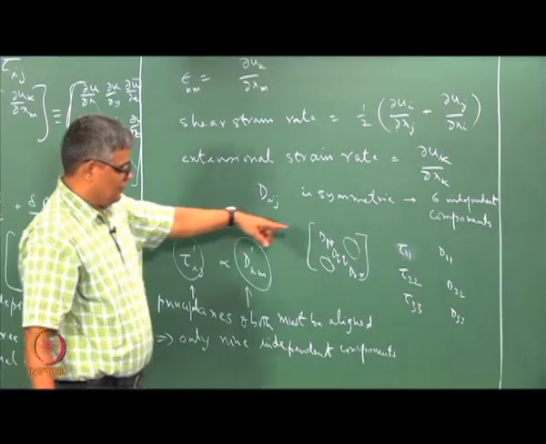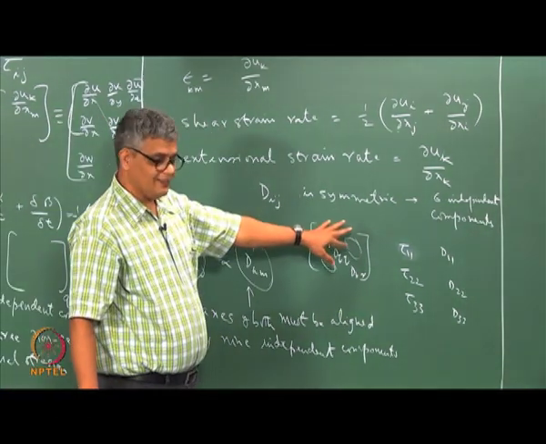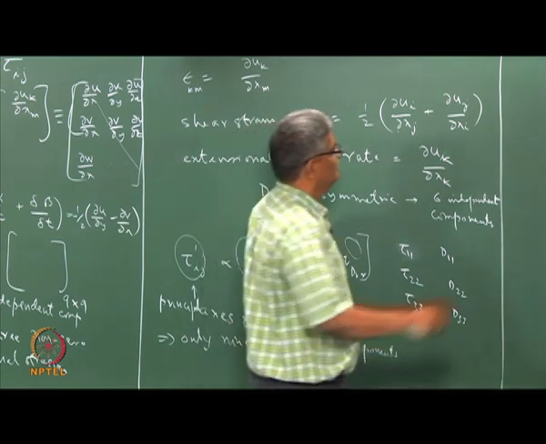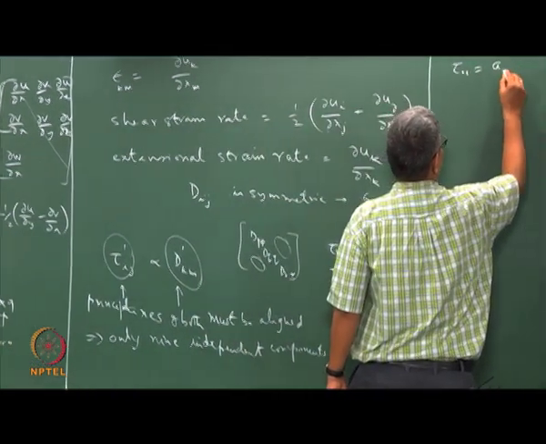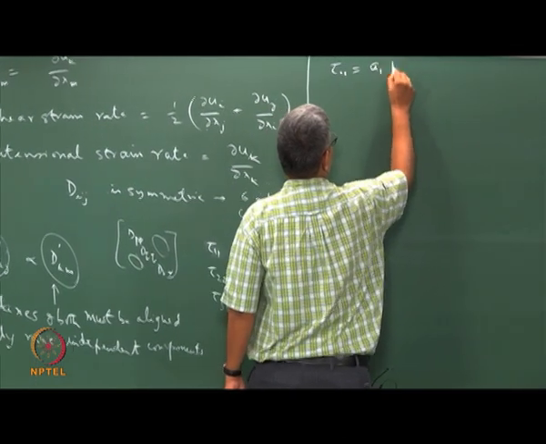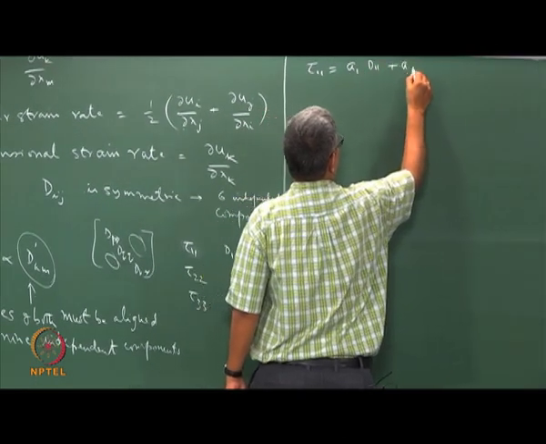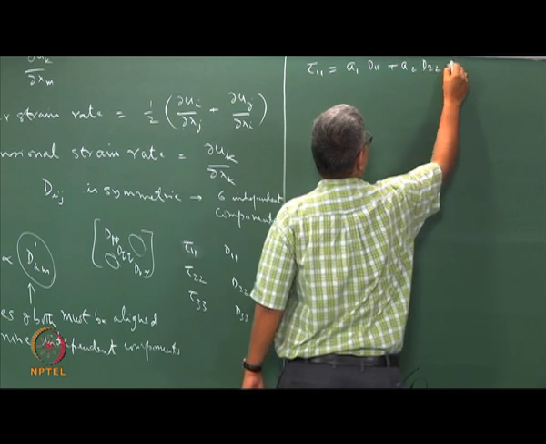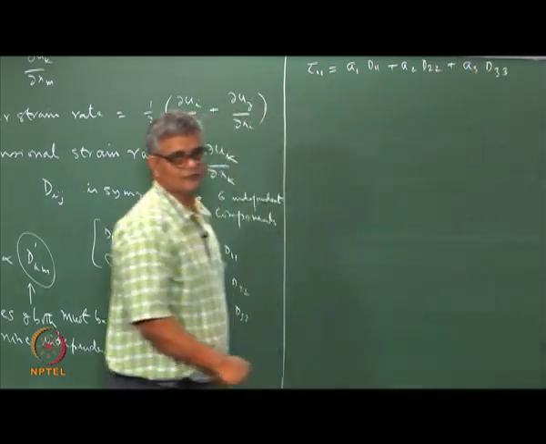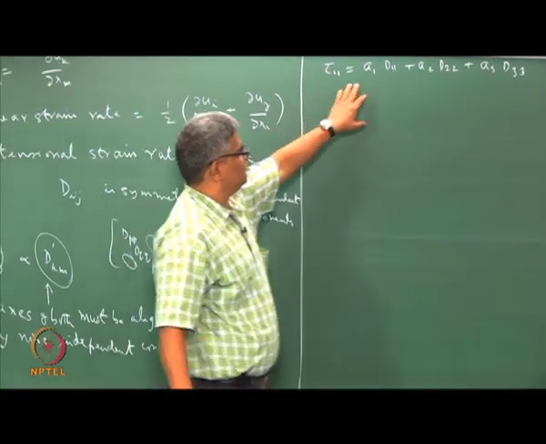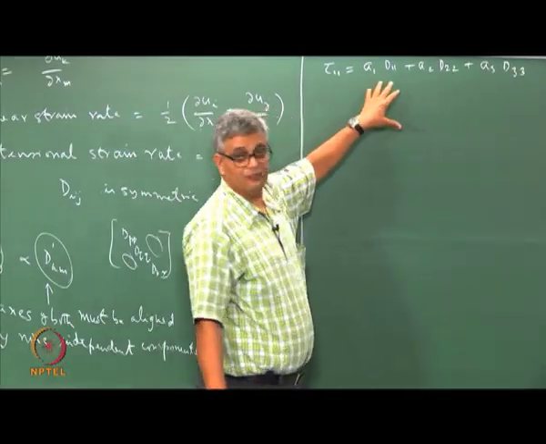Okay. Now, what kind of generic linear relation is possible? So, we can write, for example, tau 11 is equal to A1 times D11 plus A2 times D22 plus A3 times D33. Okay, so, this is for different values of A1, A2, A3 which are constants.